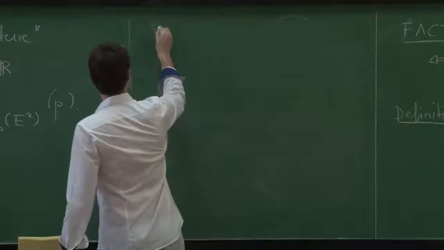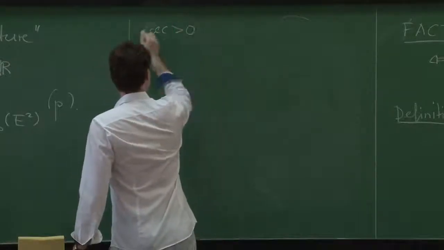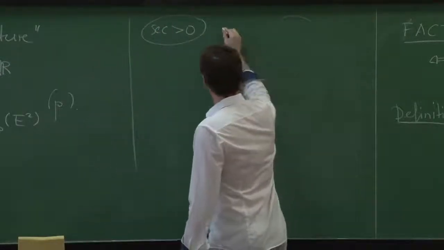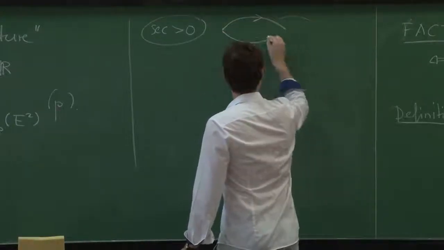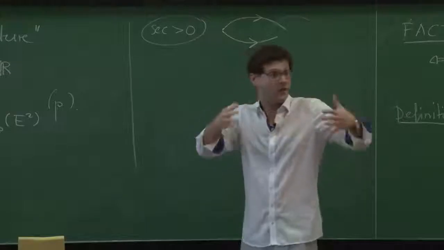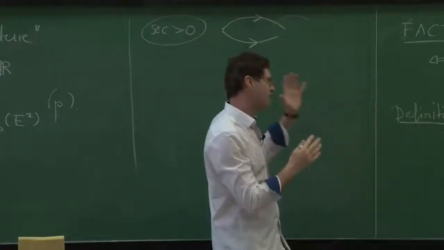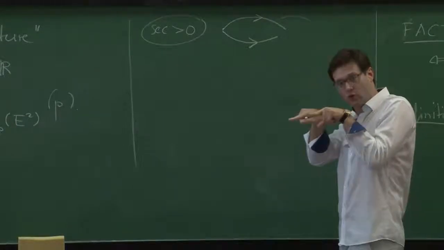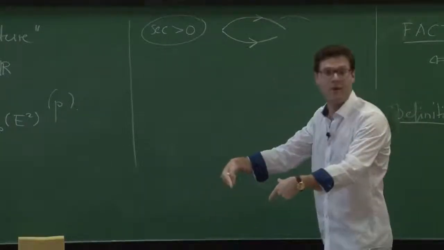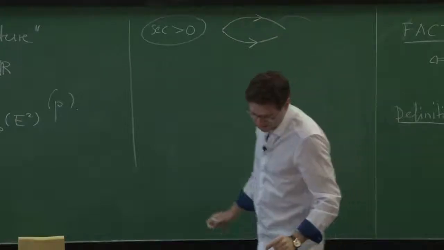So if the sectional curvature is bigger than zero, this corresponds to geodesics looking in this way. Like on a sphere. You remember a sphere? I just erased it. Very unfortunate. Then the geodesics start going up a little bit, but then they come back to themselves.